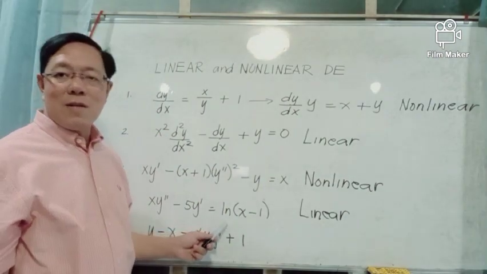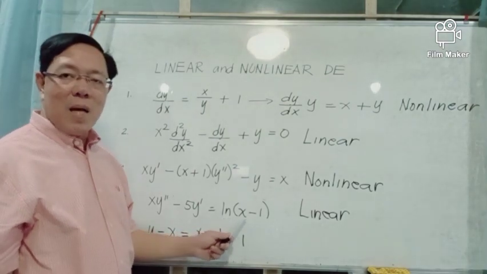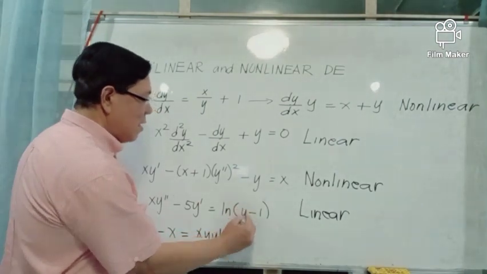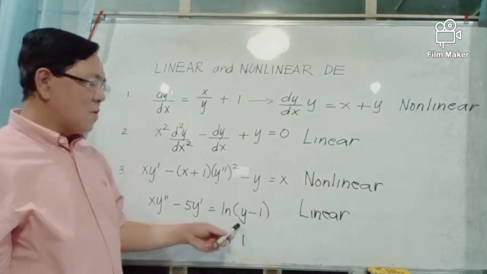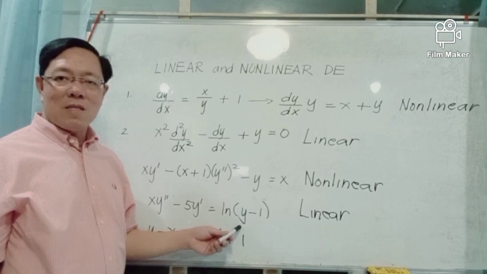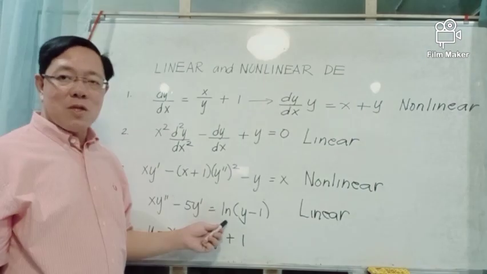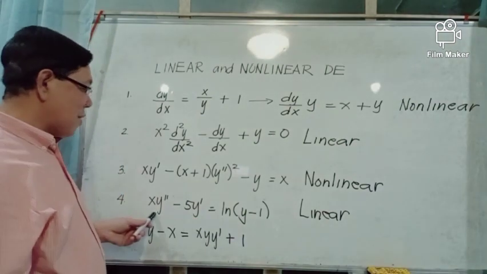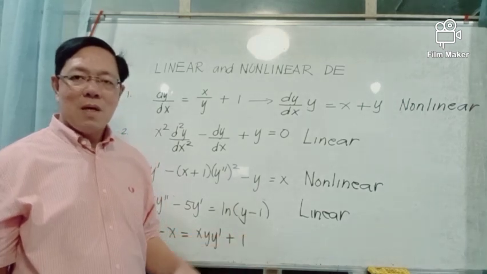For instance, at the right-hand side of the equation, instead of ln of x minus 1, we have ln of y minus 1. Now, the dependent variable y is inside a function, the natural logarithmic function, and this makes this differential equation nonlinear.